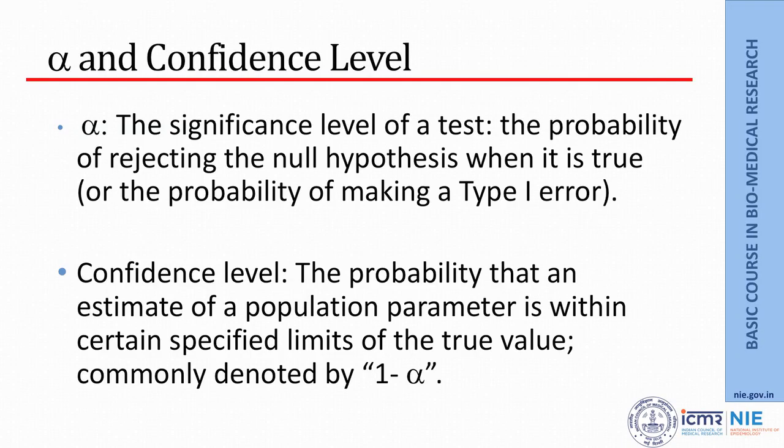It is the probability of rejecting the null hypothesis when actually it is true. In statistical parlance, it is called type 1 error, and the confidence level is the complement of that, that is 1 minus alpha, and that is naturally the probability that an estimate of a population parameter is within certain specified limits of the true value.